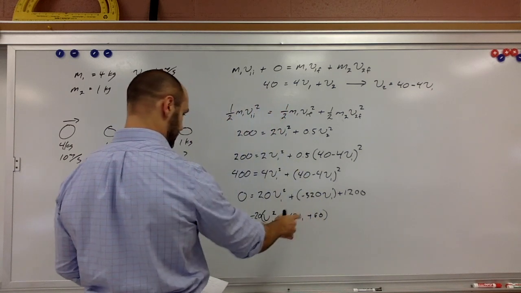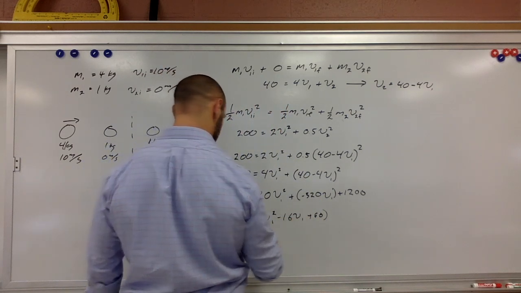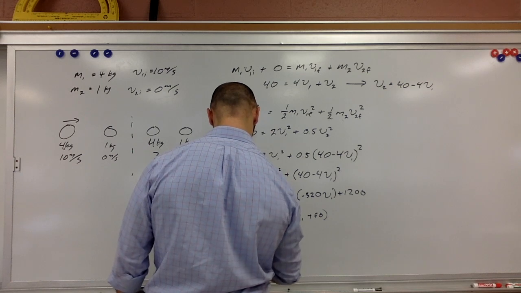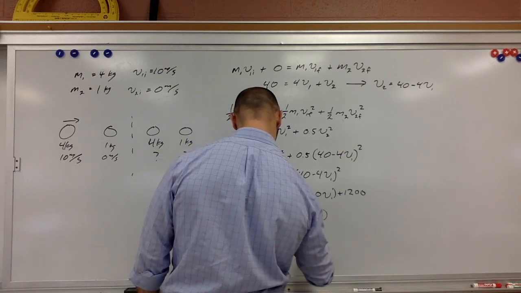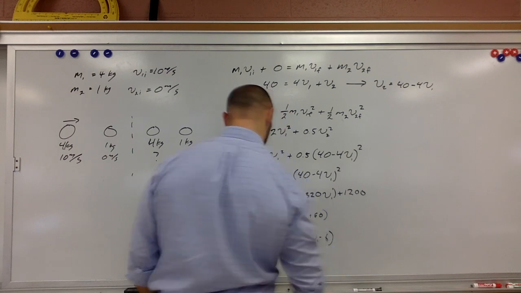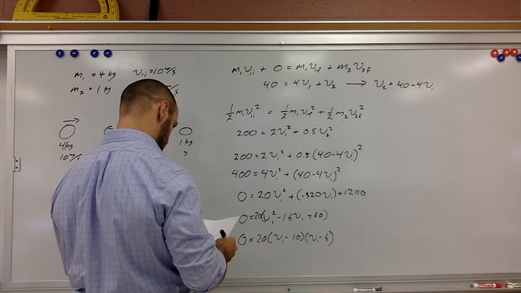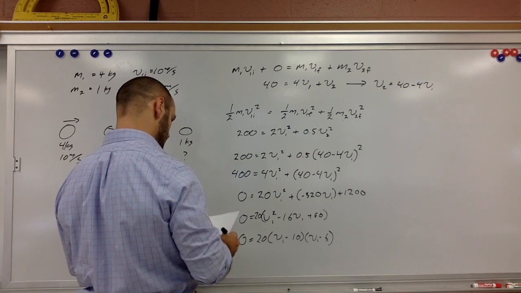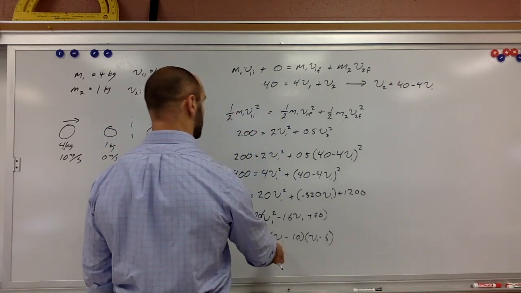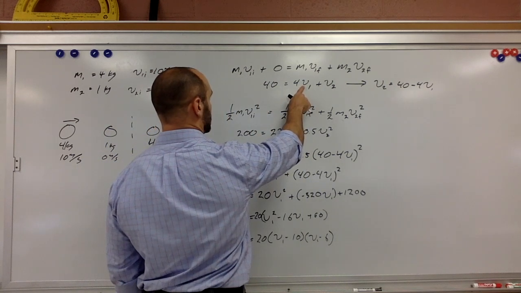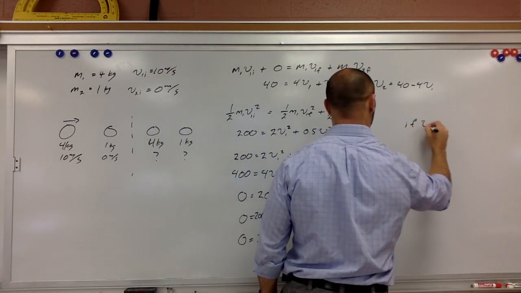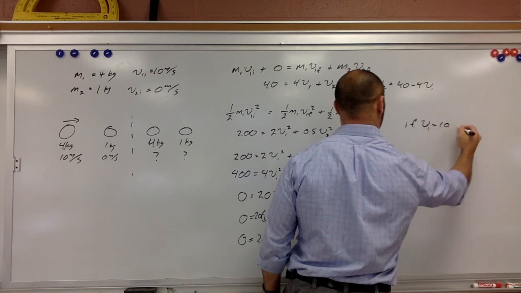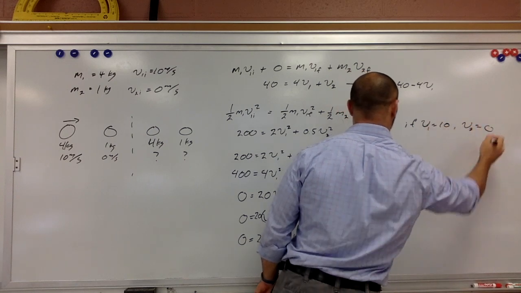This you can factor, right, because 10 and 6, negative 10, negative 6. So 0 equals 20 times (V1 minus 10)(V1 minus 6). And so then if V1 is equal to 10, so if I plug this in here, then V2 has to be equal to 0.